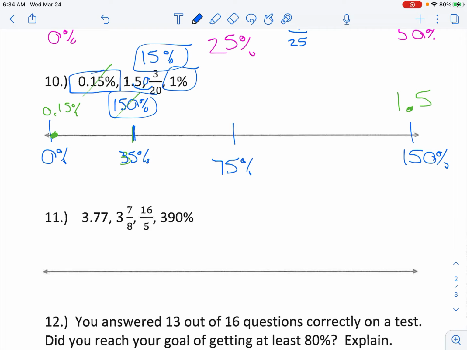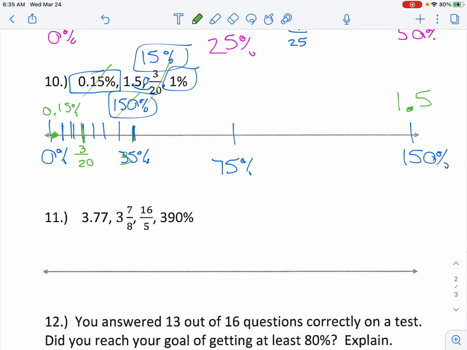Those are going to be pretty close together. So let's say 5, 10, 15, 20, 25, 30, 35. So 15%, 5, 10, 15. Okay. So my 3/20 is going to go down here.